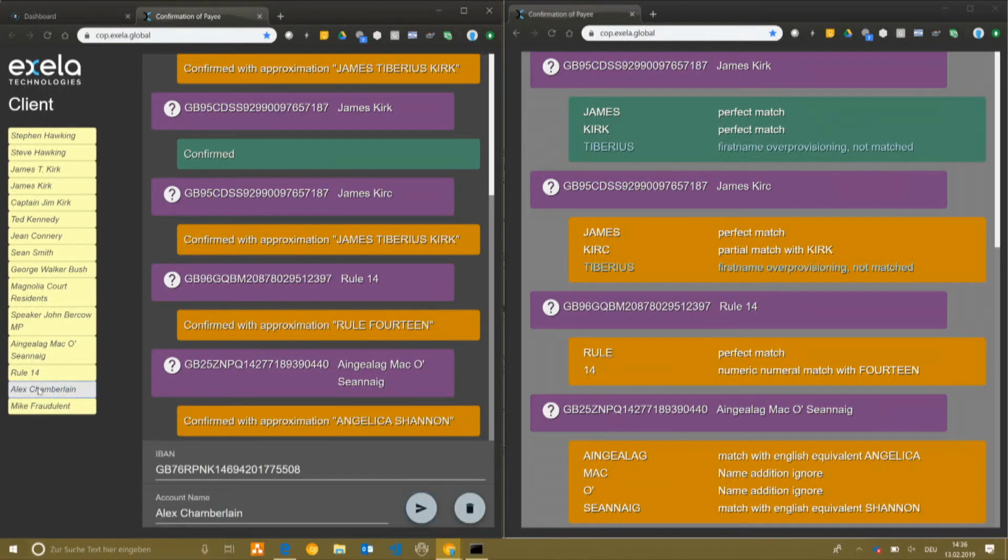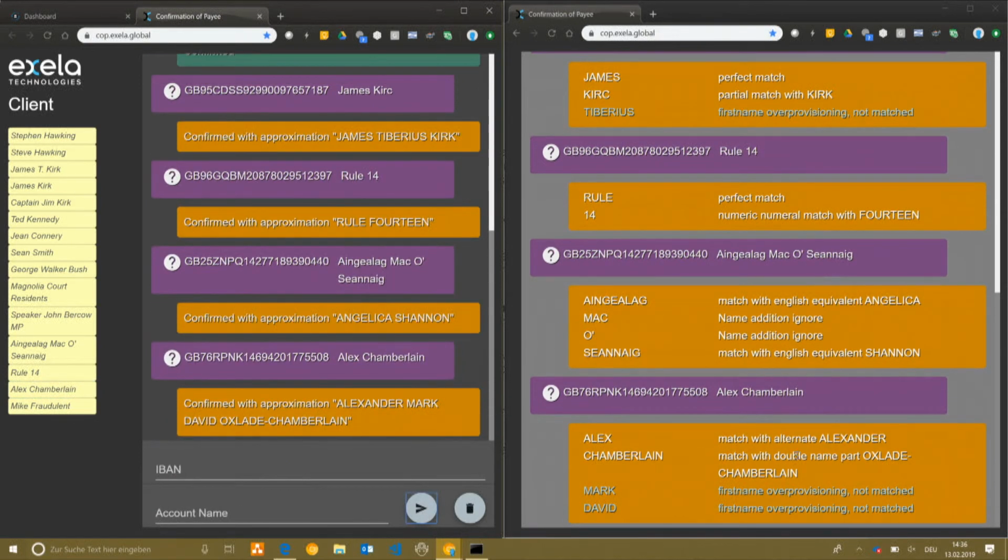Here, another example would be a double name. Alex Chamberlain actually is Oxlade Chamberlain, and he has some additional first names, and the total number of characters that match is enough to say it is the person to whom he was transferring money.